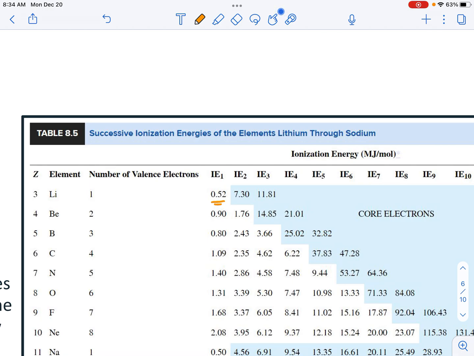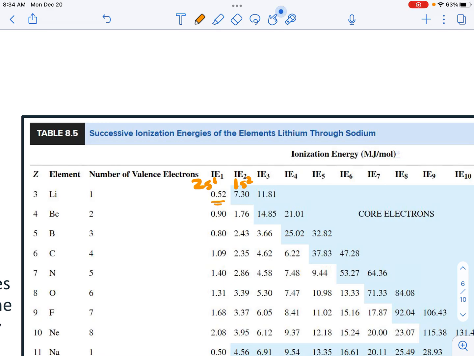So this would be for the 2s1 electron, right? Notice that if I'm going to come in and pull out the 1s2 electron, it takes a lot more energy. That would be because we're pulling it from the core and it's much closer to the nucleus.